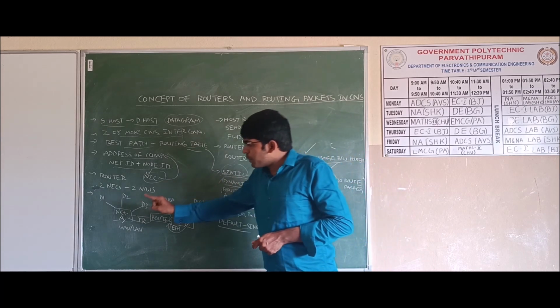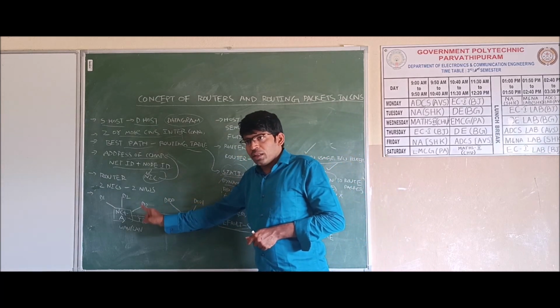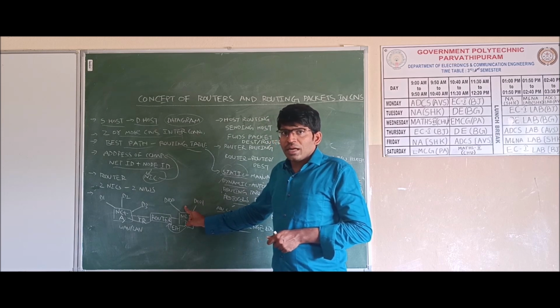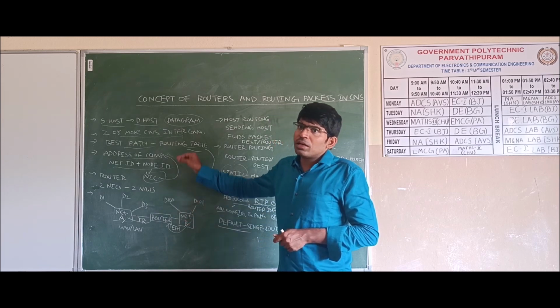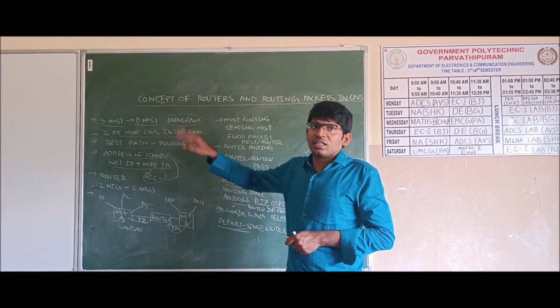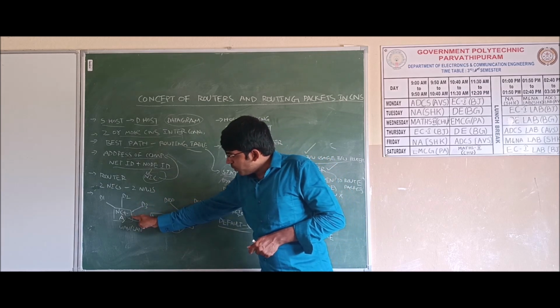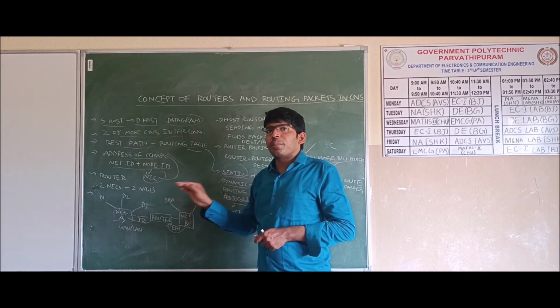The packet is coming from A and the packet should go to network B. From that network it will reach the destination, that is the secondary case. But now we are discussing the packets going from network A to network B.